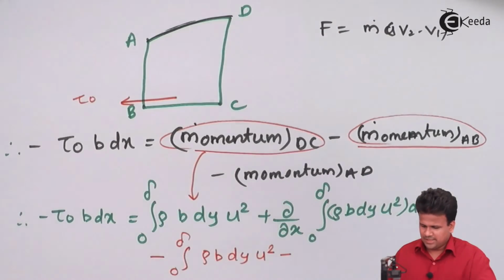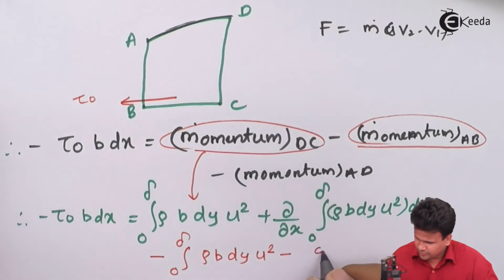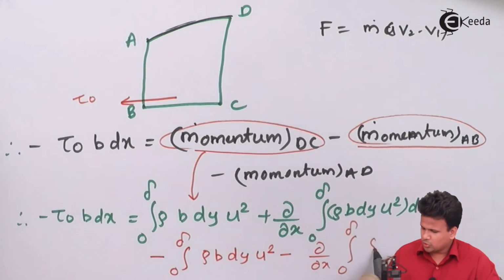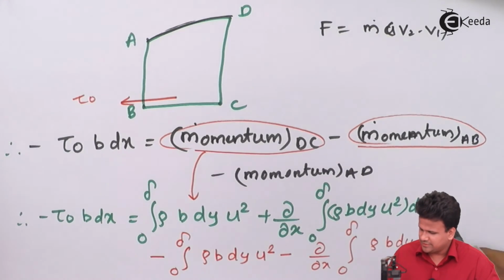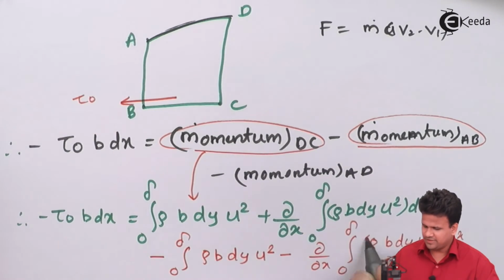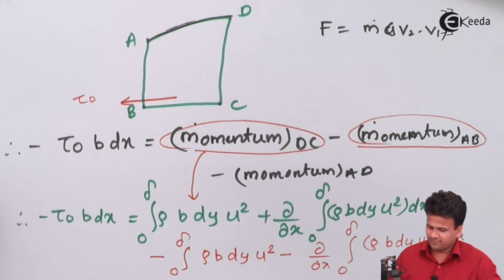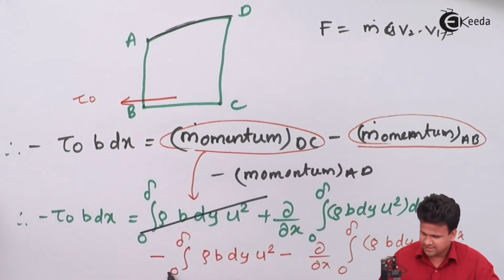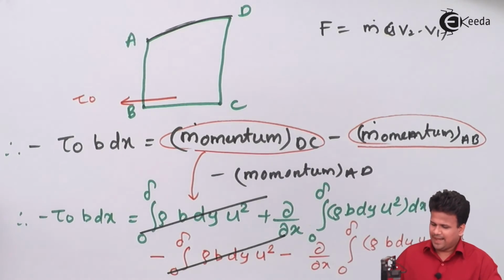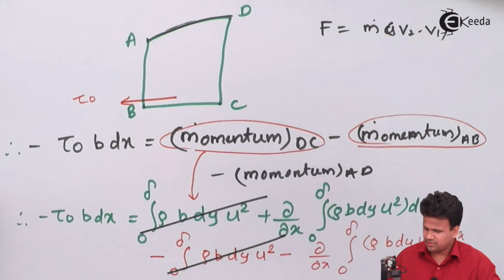So this is minus of dou by dou x of integral 0 to delta rho into b into dy into small u into capital U into dx. So we have got this part. Over here these two parts are the same, so they can be cancelled, and we have to deal with these two terms.